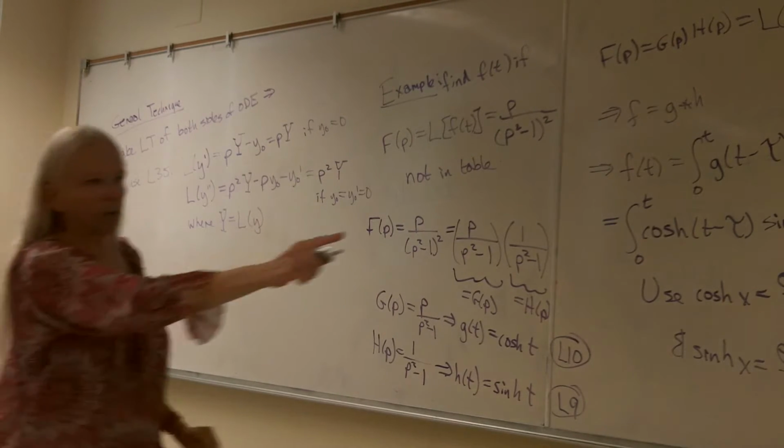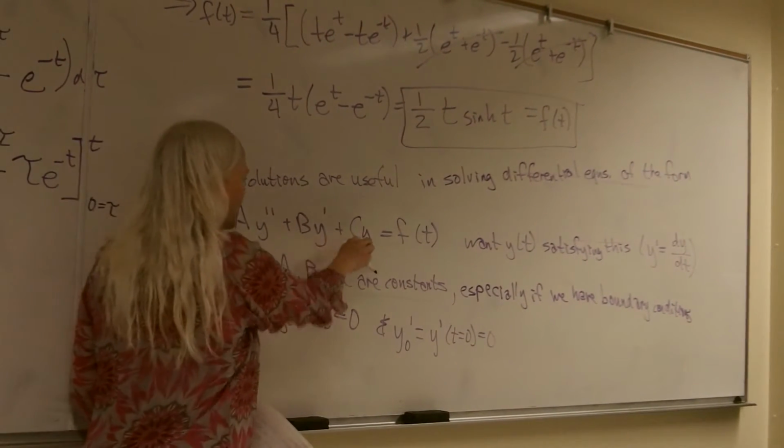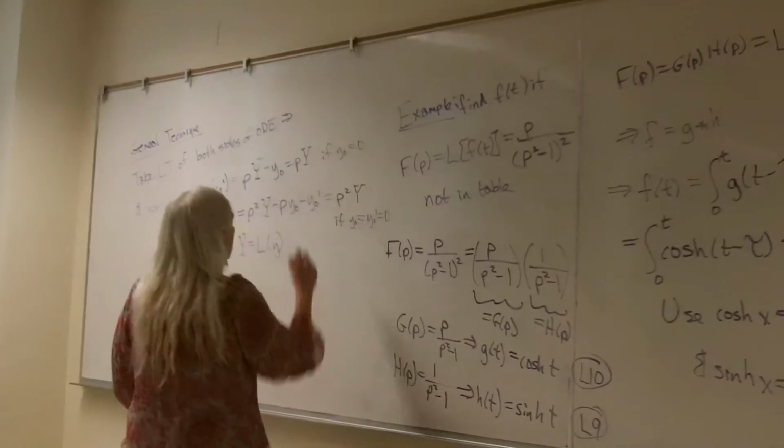Let's assume, again, we have something of this form: A times y double prime, I'm sorry, plus b times y prime plus c times y equals some function f of t. Okay, so we're going to take the Laplace transform of both sides of that.